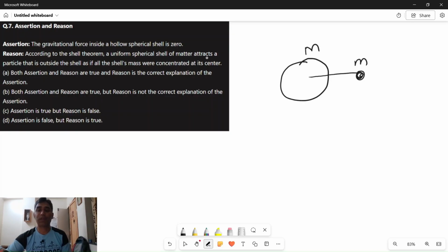So the entire mass of this sphere, we assume it to be concentrated at the center, and measure the distance from the center. So this is also true. Assertion and reason are both true, but the reason is not the true explanation of the assertion. Therefore, if you go through the options, I think option B is correct here.